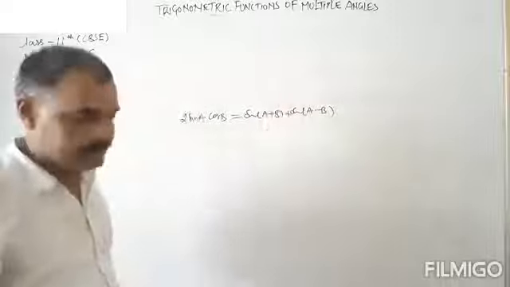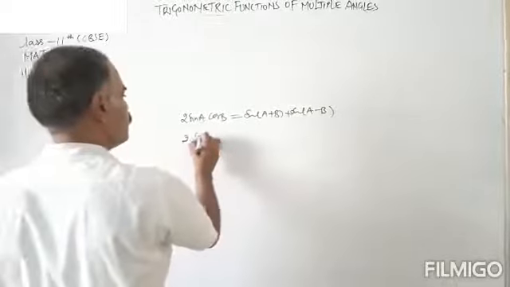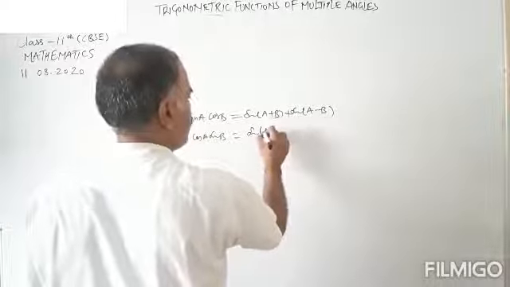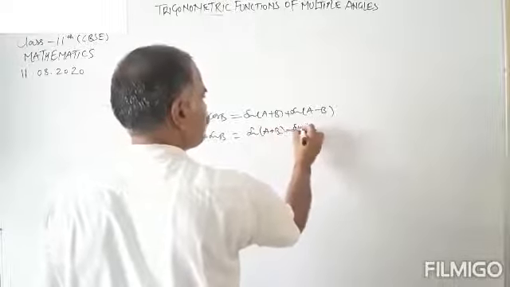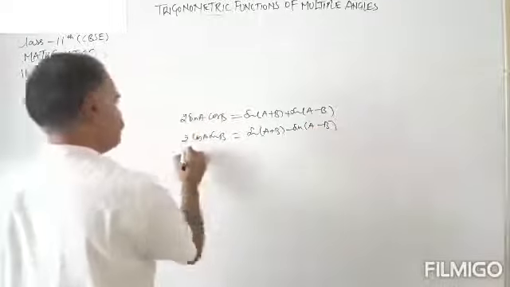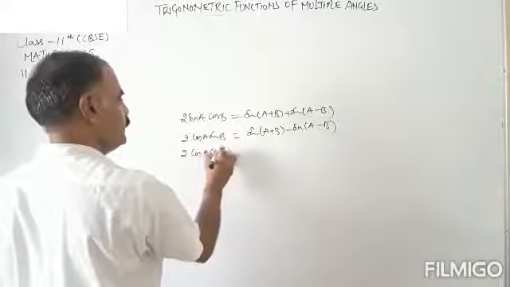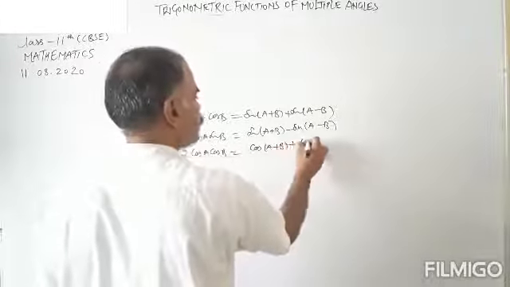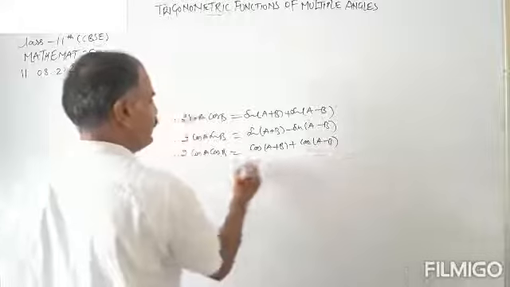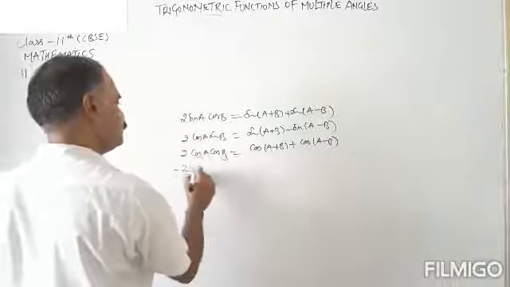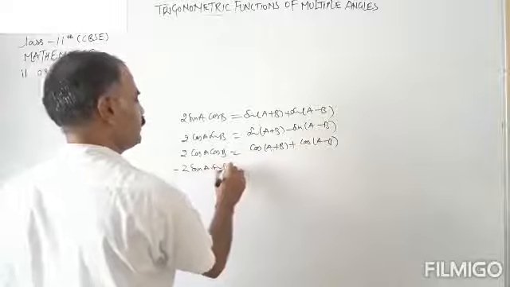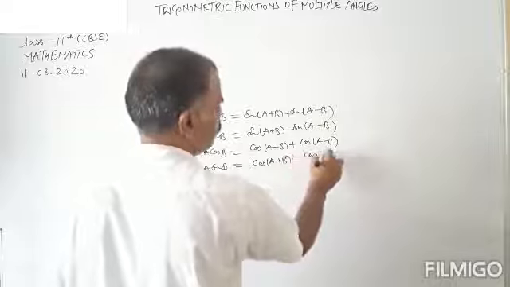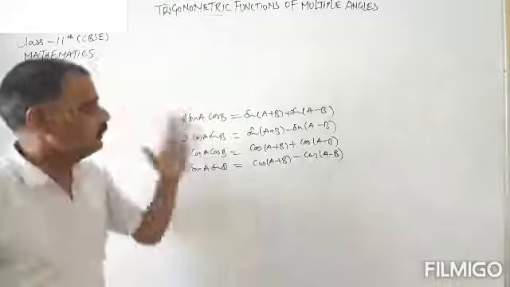The other identities are 2 cos a sin b equals sin of (a plus b) minus sin of (a minus b). 2 cos a cos b equals cos of (a plus b) plus cos of (a minus b), and finally minus 2 sin a sin b equals cos of (a plus b) minus cos of (a minus b). So these are 4 identities.